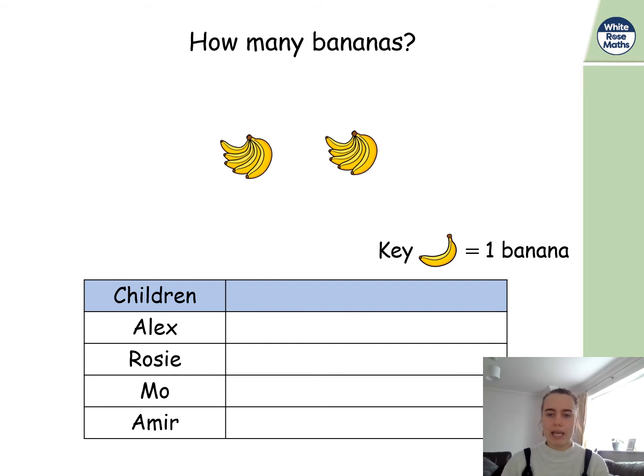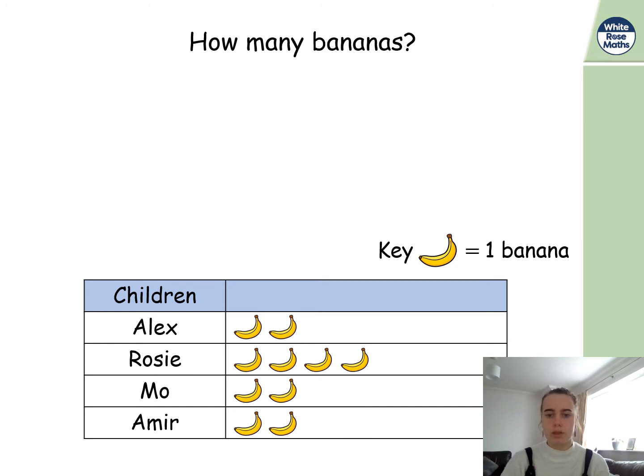Let's have a look now at the bananas. So we've got a key here, and 1 picture of a banana equals 1 banana. So this time, instead of a blue circle or an orange triangle, we are using a picture of a banana to tell us how many bananas these children have. So how many does Alex have? He's got 1, 2 bananas. How many does Rosie have?